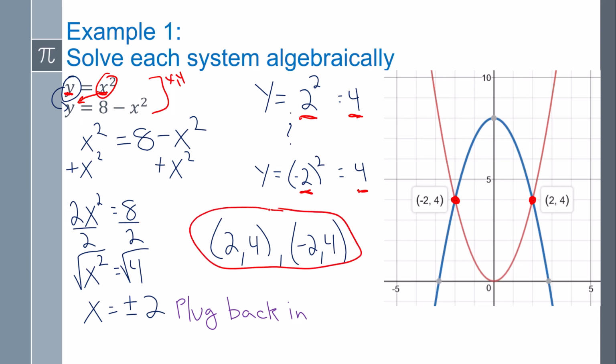Now, a very common question. Mr. Duvall, in the last lesson, we only paid attention to the x values. Why is it that in this lesson, we're writing both the x and the y values? Well, in the previous lesson, if you notice, there's only one variable.